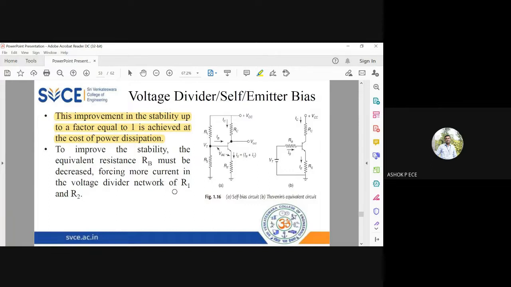So to improve the stability, the equivalent resistance value RB must be decreased. I told you the approximation we got there is RB divided by RE is very much less than 1. If that is the case, the RB value should be less. RB is considered made up of R1 and R2, right?